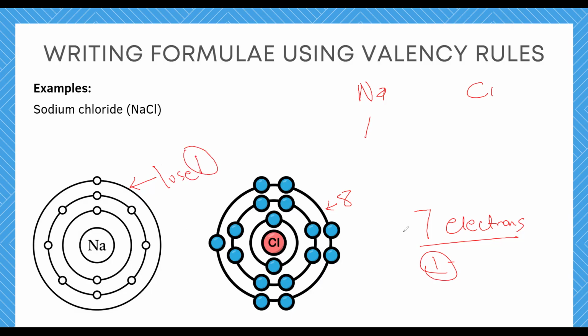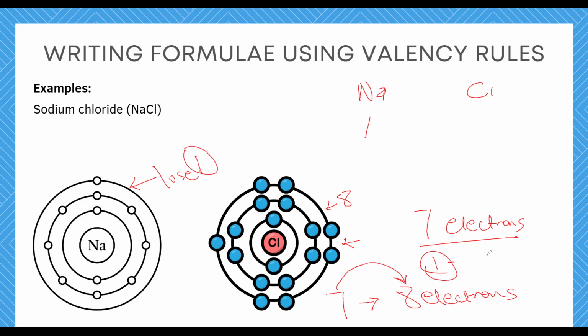Right. Good. So now this is chlorine, the second one. How many electrons are there on the outermost shell? We said 7, right? Good. And for it to be fully filled, we need it to have 8 electrons. So for it to move from 7 to 8, how many electrons can it gain?